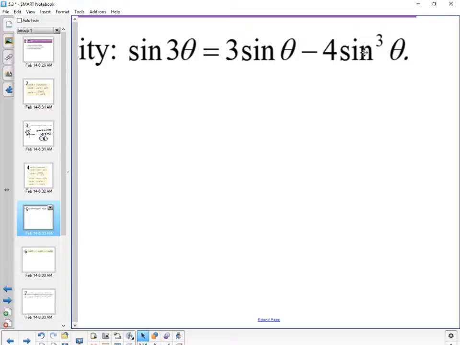I did that yesterday. Double angles are in there and stuff. My half angle, double angles.